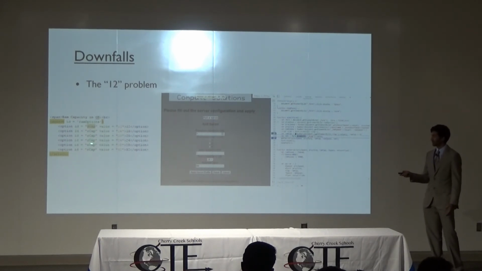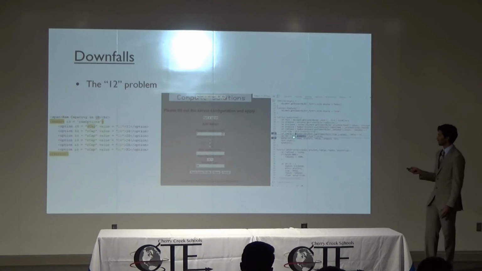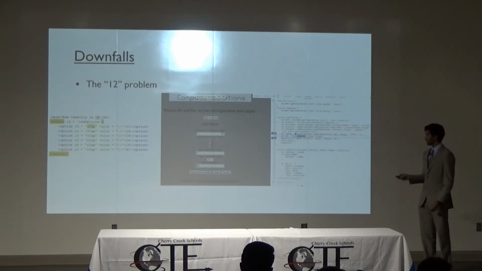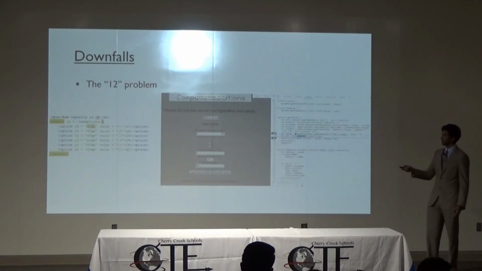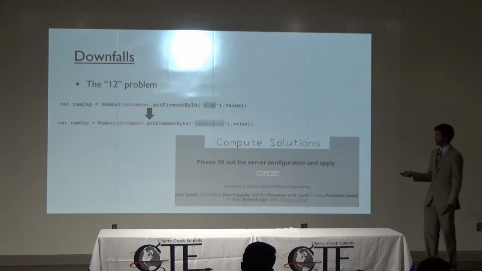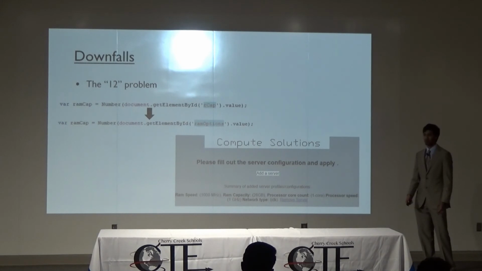Since I had several of these, the program just looked through and found the first one with the value called RCAP, which popped up as 12. To fix that, I changed RCAP to the name I set for the drop-down menu, which is RAM options, which I did here. That pretty much fixed the 12 problem.